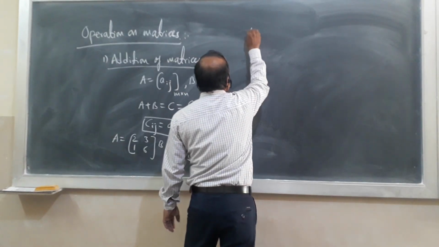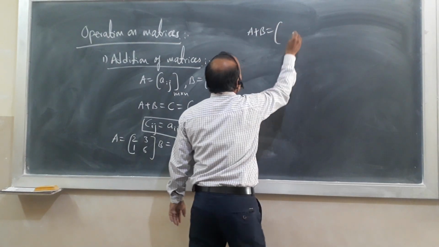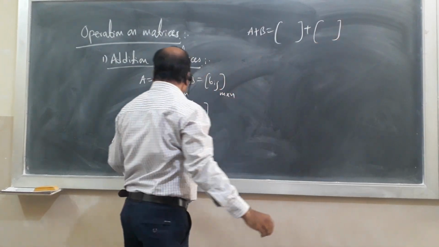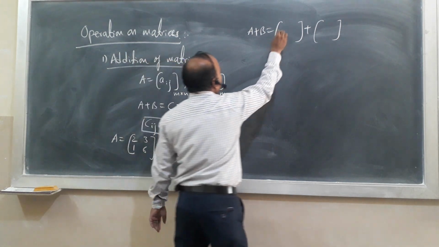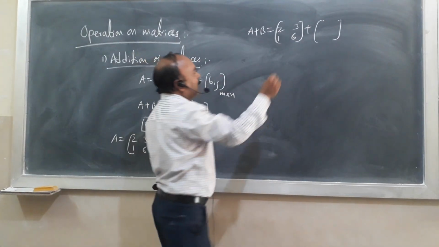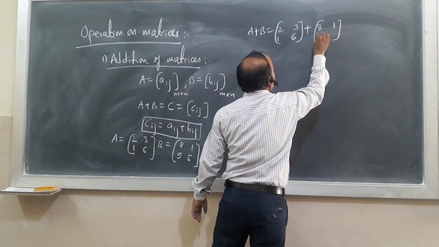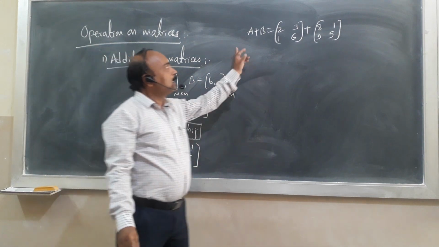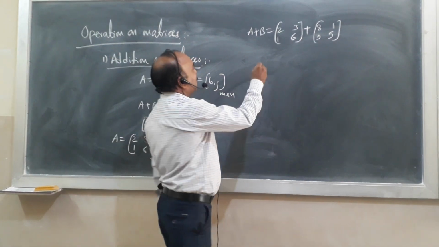A plus B equal to, it is written like this, first matrix plus second matrix. First matrix is 2, 3, 1, 6 and second matrix is 8, 1, 9, 5. Now in this addition we take the corresponding elements.